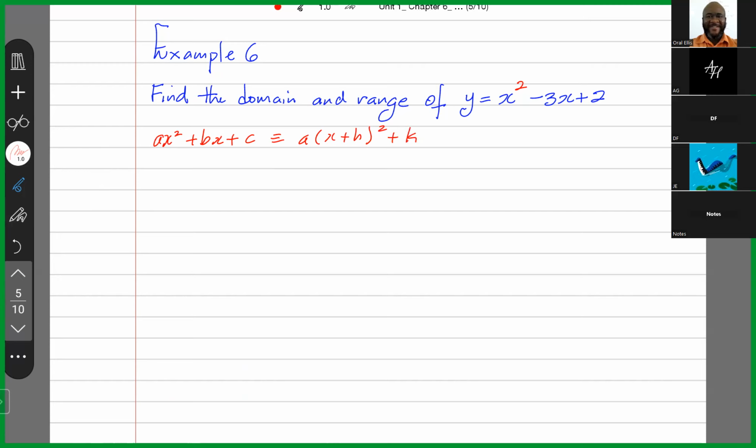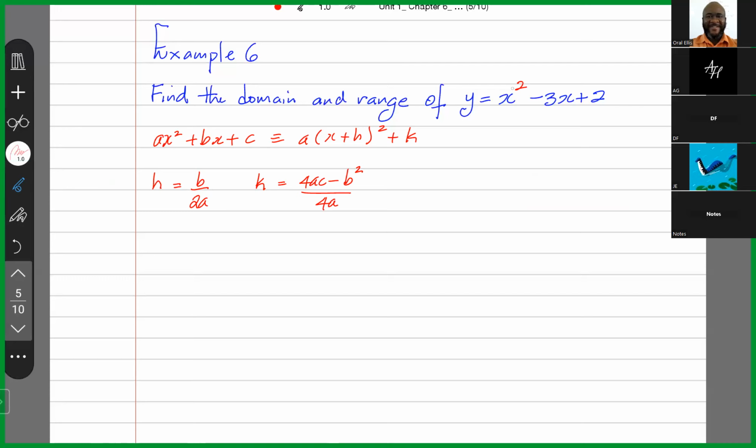Now, we can do this using a formula approach, in which case h would be equal to b over 2a, and k, I think, would be equal to 4ac minus b squared over 4a. So we could do it using a formula approach. The simplest approach, though, is to first find a.